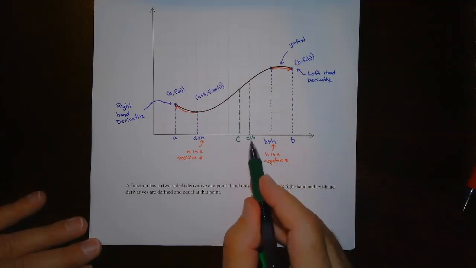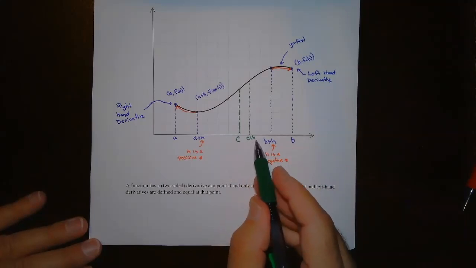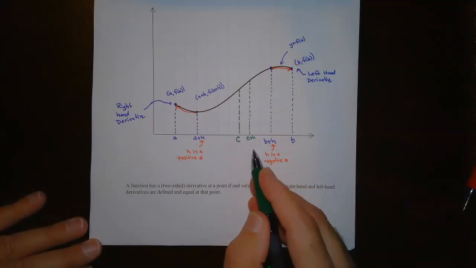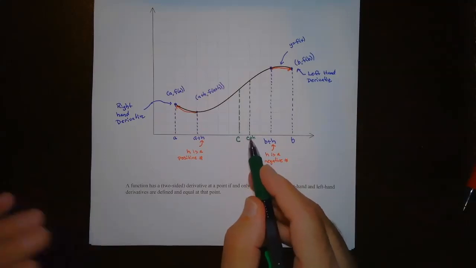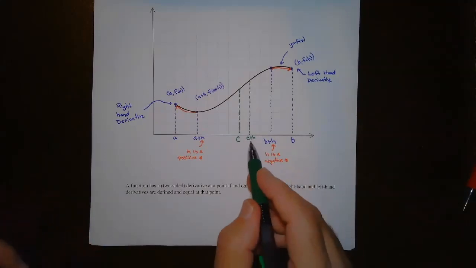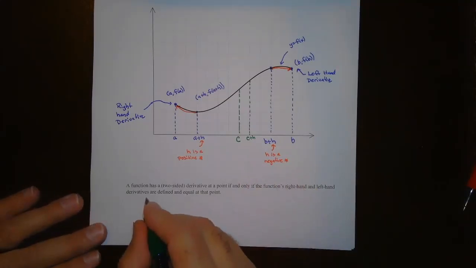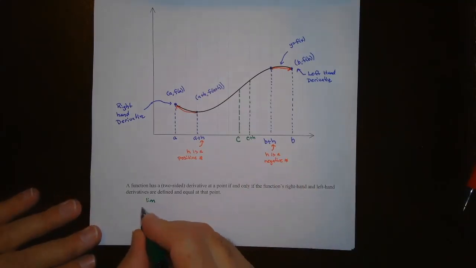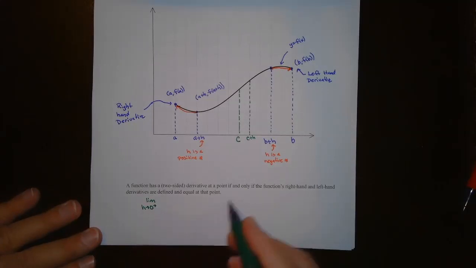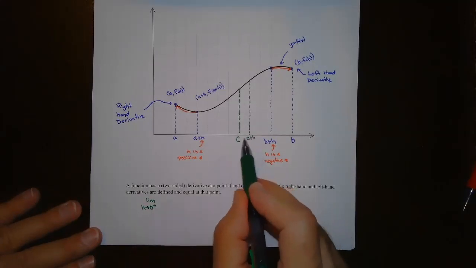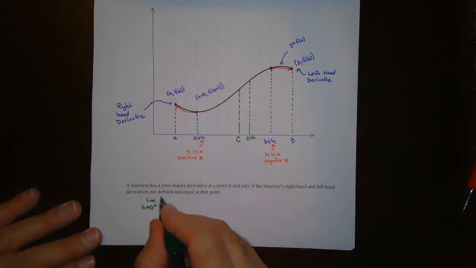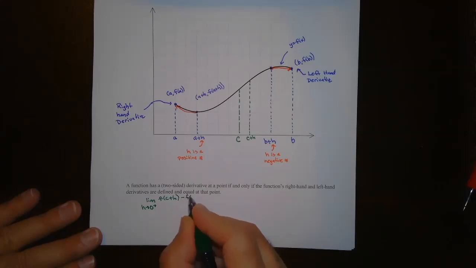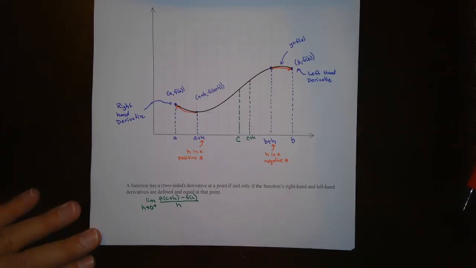Now, it's only going to be on this side if h is positive. So the C plus h is on the right. That's why this is called a right-hand derivative: the limit as h approaches 0 from the right of f of C plus h minus f of C all over h.